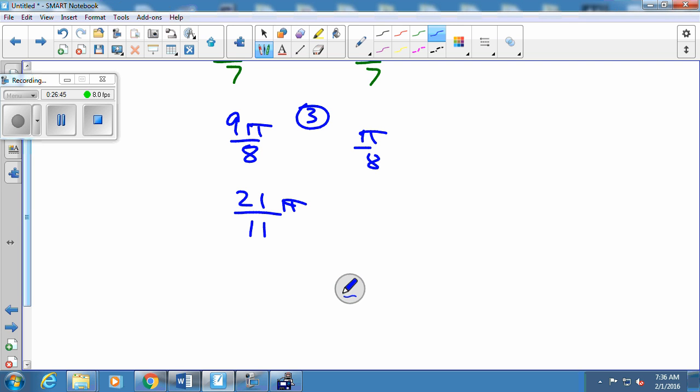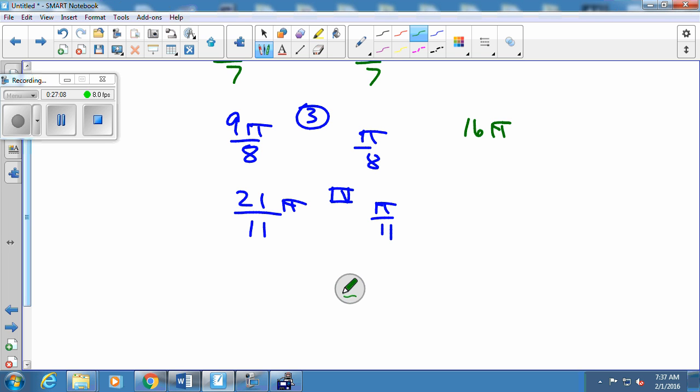You're in quadrant 4. So what's your reference angle? How far away are you from a full 2 pi? That's all you're asking yourself. Pi over 11. Helping-ish? Kind of.